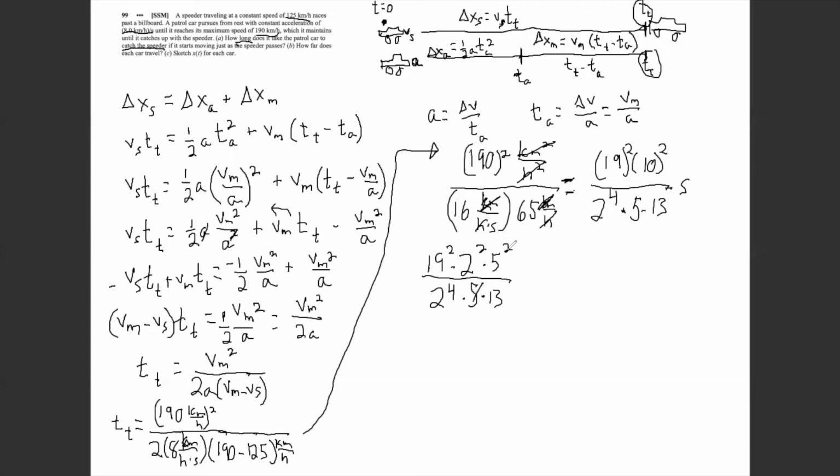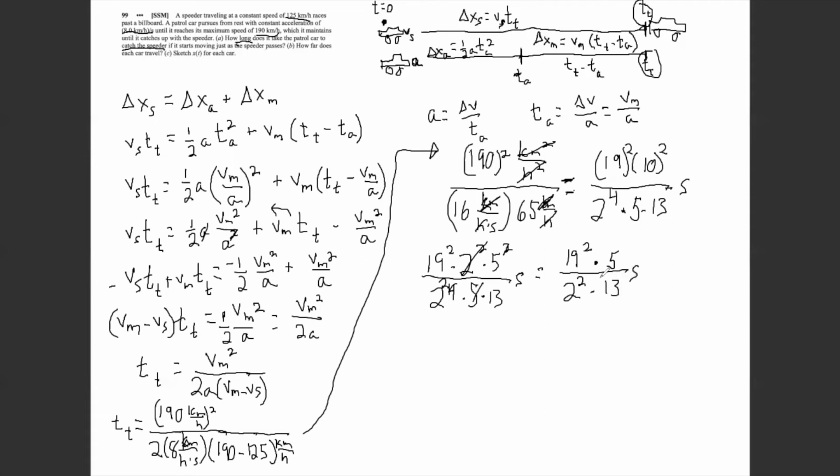And one of those 5s cancels and 2 of the 2s cancel, leaving us with 19 squared times 5 over 2 squared times 13 seconds.